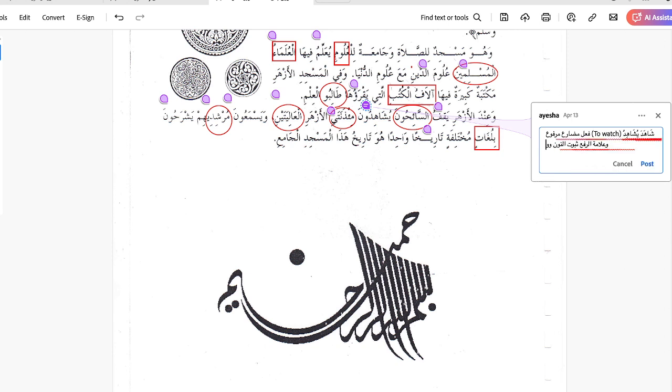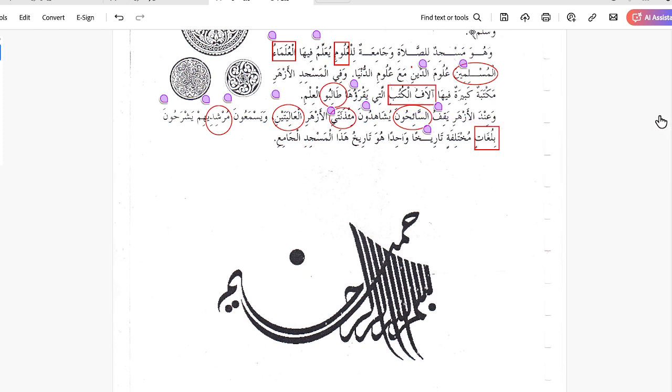Wawul jamati. This waw is the fail. So the tourists, they stop near the Al-Azhar and they watch. Yushahiduna, they watch. So waw is the fail.